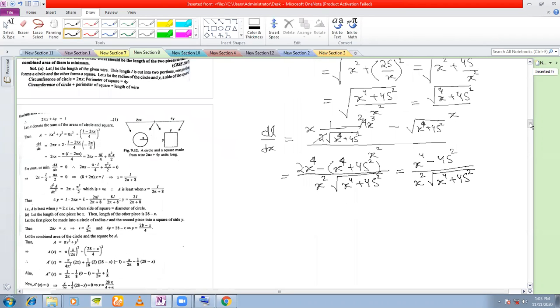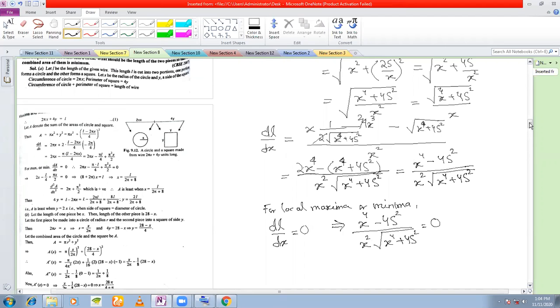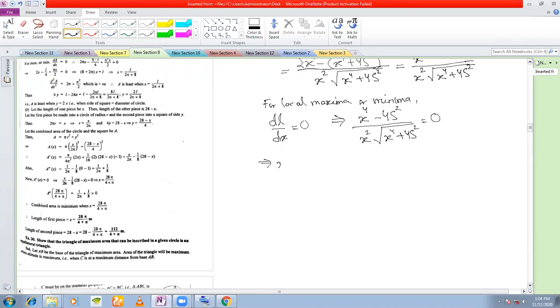Okay, so now what happens for local maxima or minima? For local maxima or minima, you have dl dx is equal to 0. That means x to the power of 4 minus 4s square divided by x square root x to the power of 4 plus 4s square must be equal to 0. That means you get x to the power of 4 minus 4s square is equal to 0.